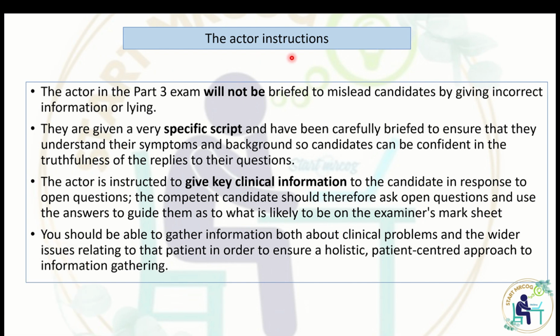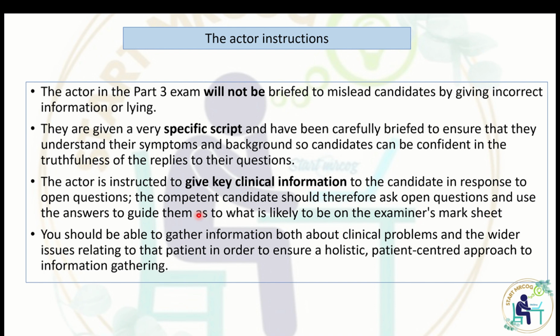The actor's instructions: the role players will not be briefed to mislead the candidate by giving incorrect information or lying. They are given a specific script and have been carefully briefed to ensure that they understand their symptoms and the background, so the candidate can be confident in the truthfulness of the replies to their questions. The actor is instructed to give the key clinical information to the candidate in response to open questions.